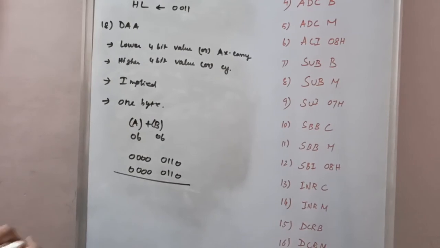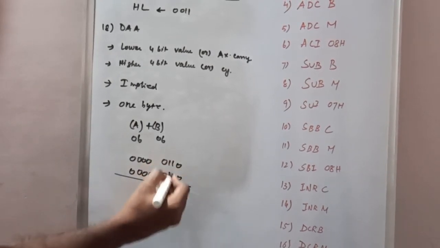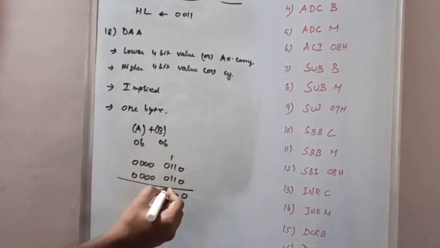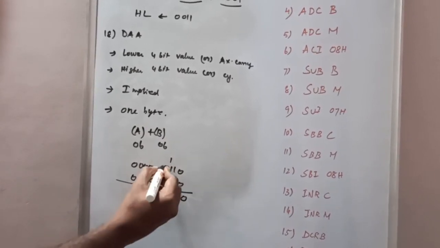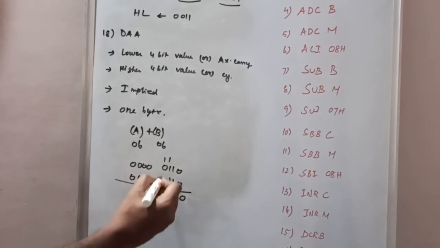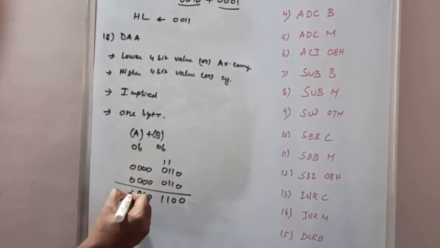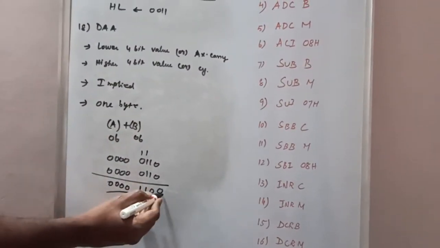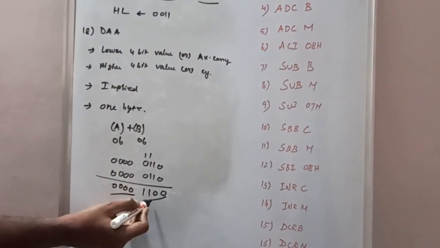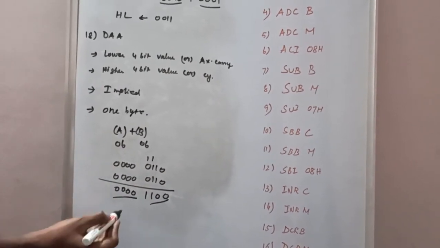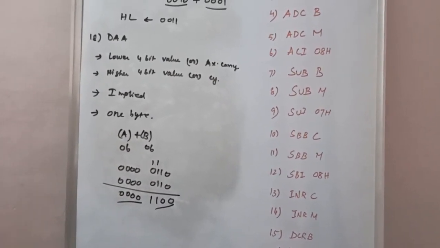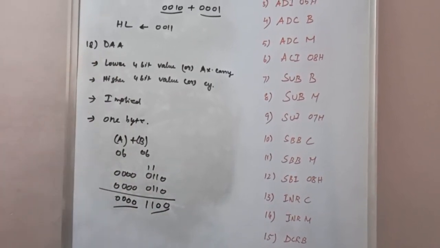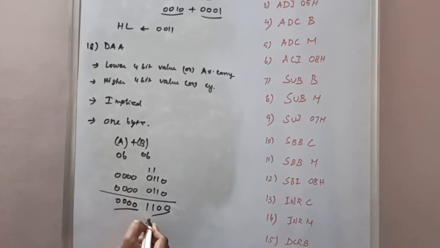Adding the two contents: 1 plus 1, sum 0, carry 1. Then the triple 1, you can add the triple 1 value: sum 1 and also carry 1. The remaining 4 bits are 0. Now you check the upper 4-bit value and the lower 4-bit value. The lower 4-bit value is greater than 9 and the upper 4-bit value is less than 9. So you consider the first case: the lower 4-bit value is greater than 9, so you add 6.